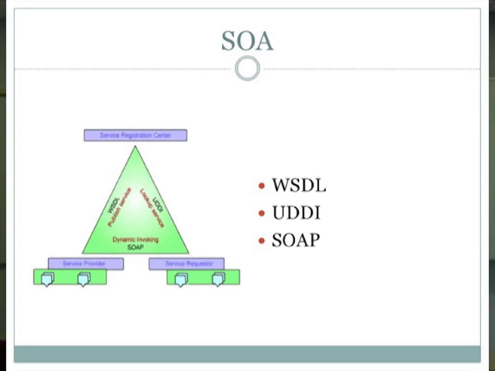You have service provider, service requester, and repository, which the famous one for describing the service, you have WSDL, you have UDDI for service repository, and for talking these service providers, you have SOAP message protocol.